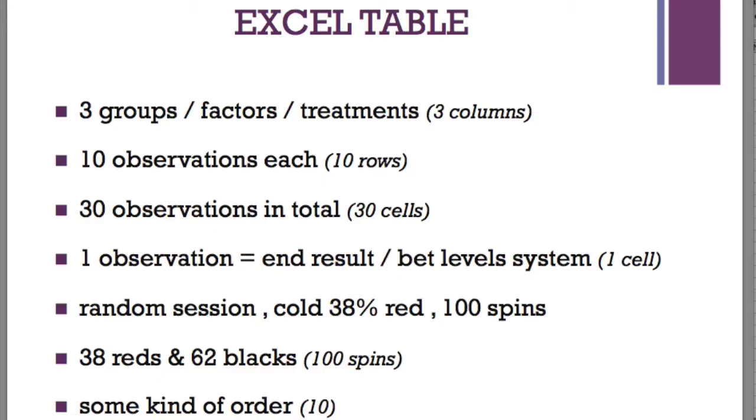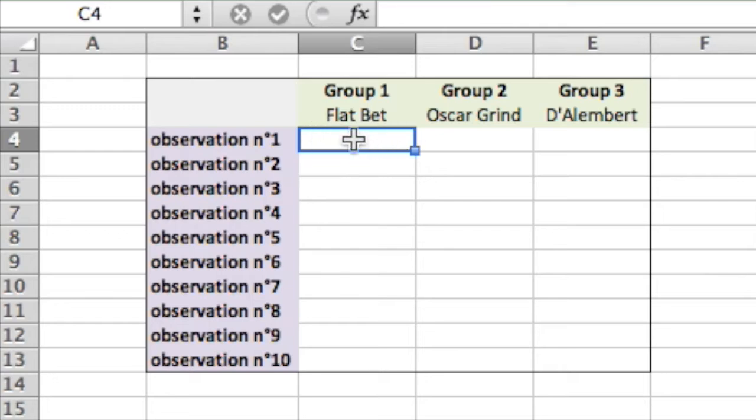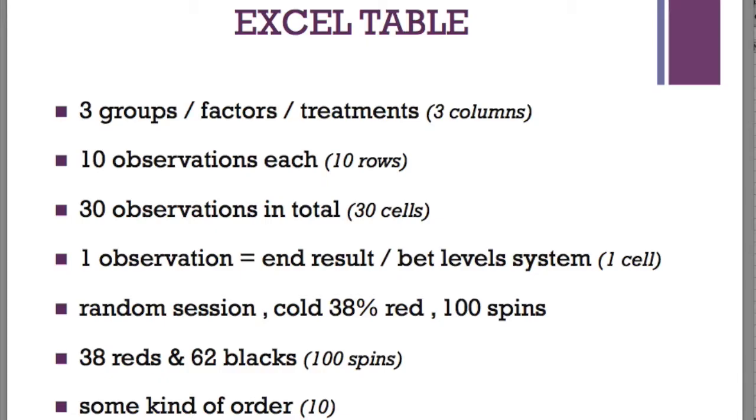Now, one observation here is the end result of a specific bad level system applied to a random roulette session. So 100 spins, 38% red. Let's not complicate things, without zeros, so there will be 38 reds and 62 blacks. 38 plus 62 is 100, a sample of 100 spins.